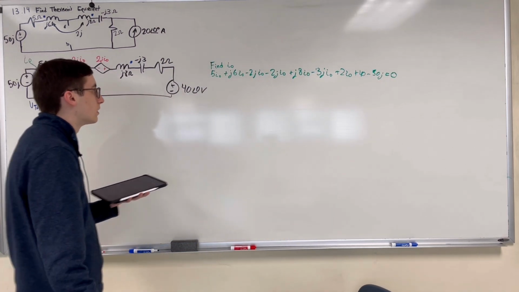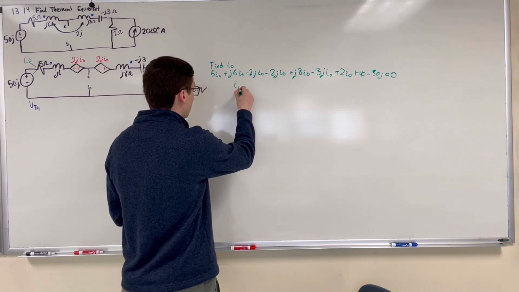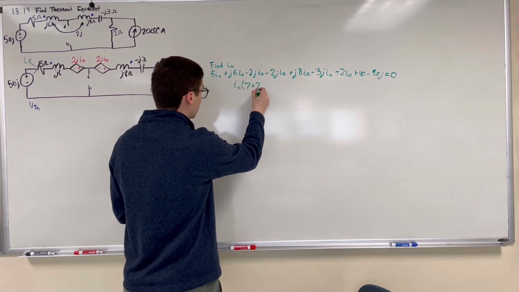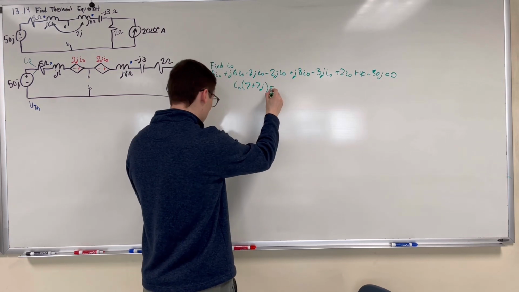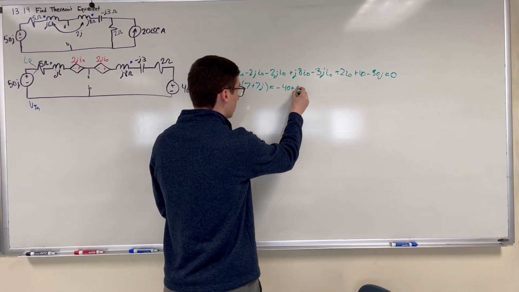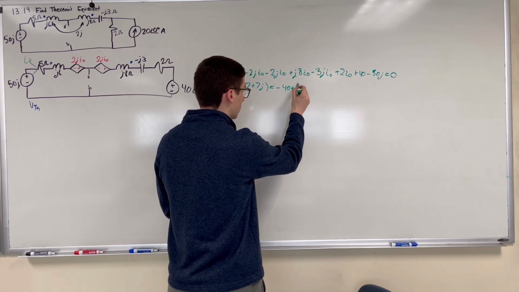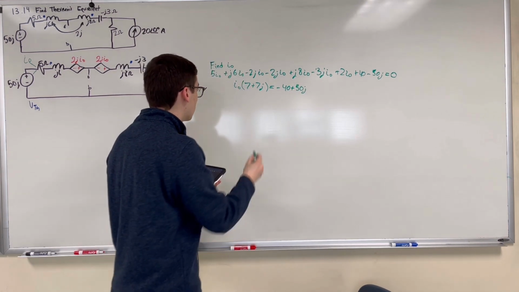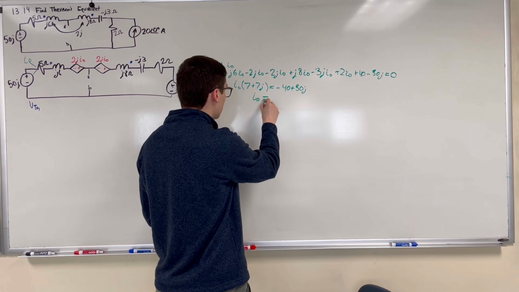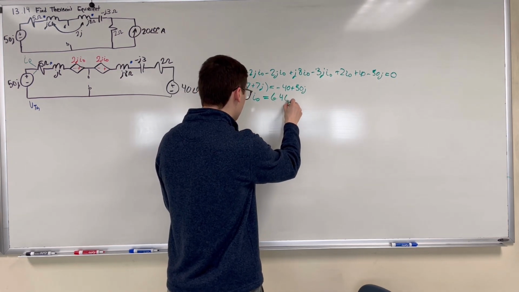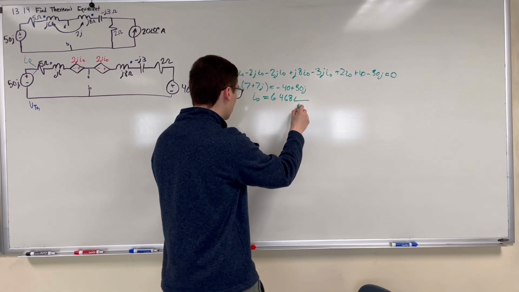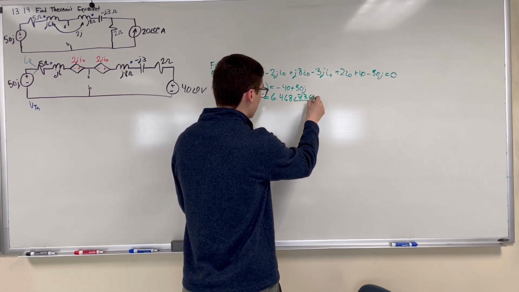All right, now do the algebra. You'll find that IO times (7 plus 7J) is equal to negative 40 plus 50J. And now you can just use a calculator to find that IO is equal to 6.468 with a phase angle of 83.66 degrees.